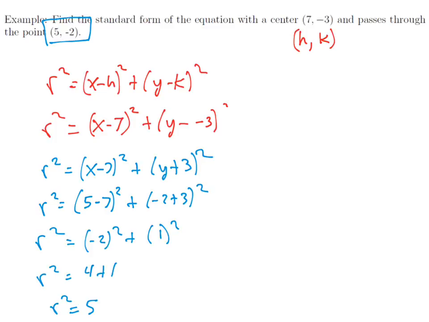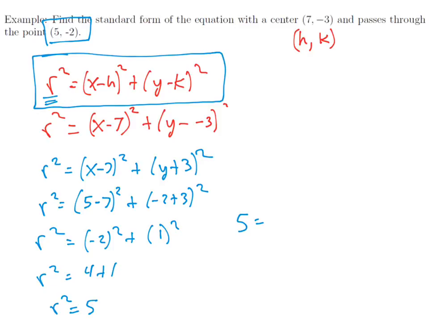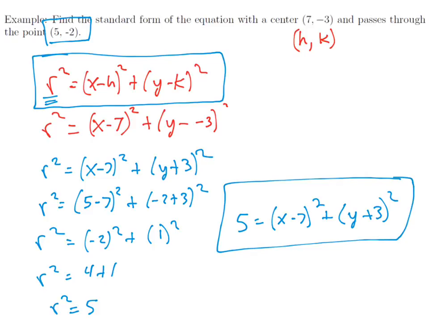Simplifying this down, we get an r squared value of 5. Now, in the standard form of the equation, we actually use that r squared value. So we're going to put 5 in right there. So we'd have 5 equals x minus 7 squared plus y plus 3 squared. And that would be the equation of the circle.